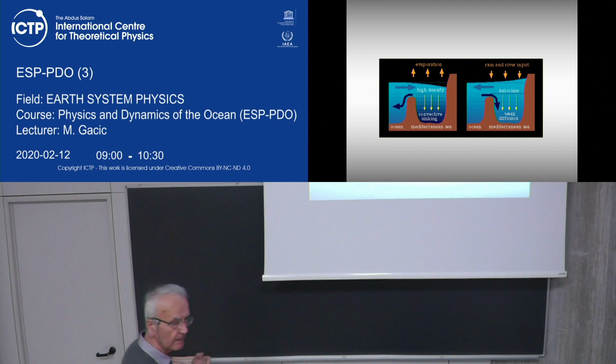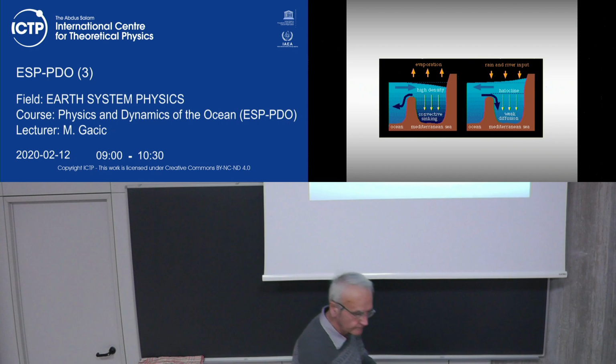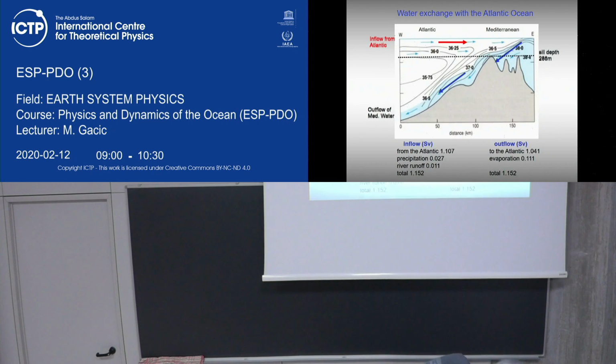One of the examples of the water exchange of a condensation basin is the Mediterranean, where, as you remember, when we were looking at the distribution of salinity in the world ocean, we noticed that the Mediterranean has a higher salinity than most of the ocean.